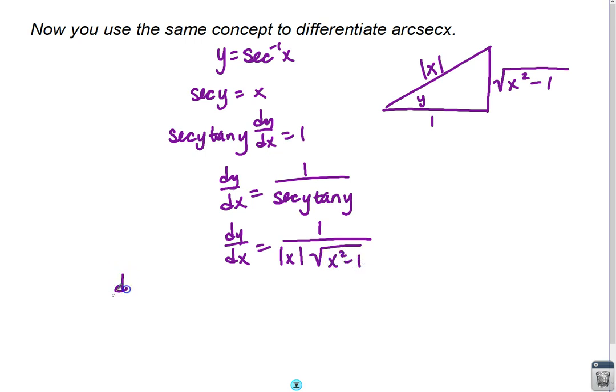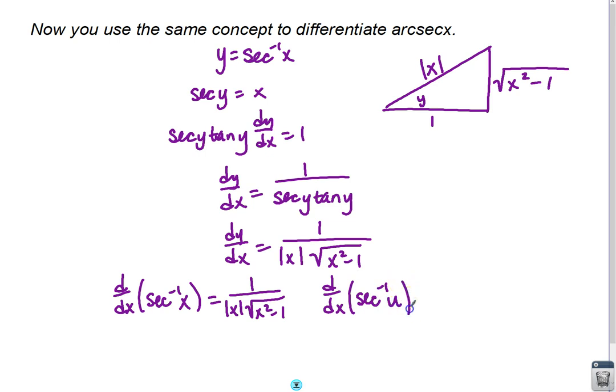So the derivative of secant inverse of x is going to be 1 over absolute value of x, square root x squared minus 1. d dx of secant inverse of u would be u prime over absolute value of u, square root u squared minus 1.